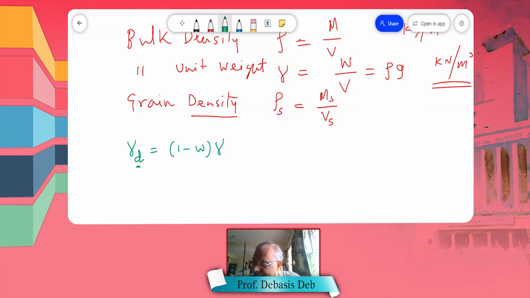Now this D means dry, and this gamma I already defined here, and this W is water content. So dry unit weight can be related to 1 minus W into the unit weight. And this is the moist unit weight. This is dry, and this one is moist.